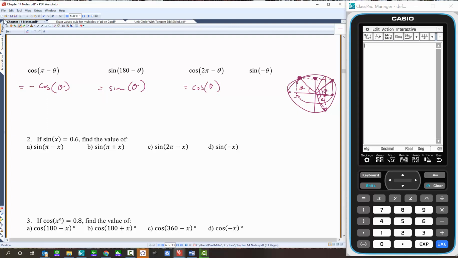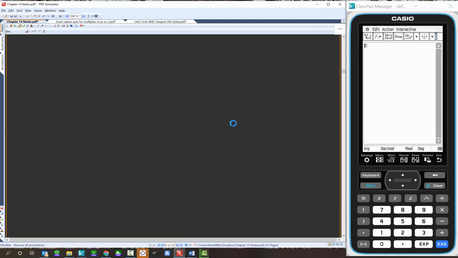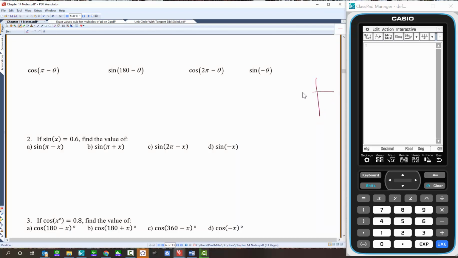There's a bit of noise going on here, so I'll just get rid of the writing so I can draw a fresh unit circle for this last one. What we want is the sine of negative theta. So that means starting here, we're going to rock back theta. So this is where we end up. Now noting that the sine value there is negative, but I don't know how to evaluate these in the fourth quadrant.